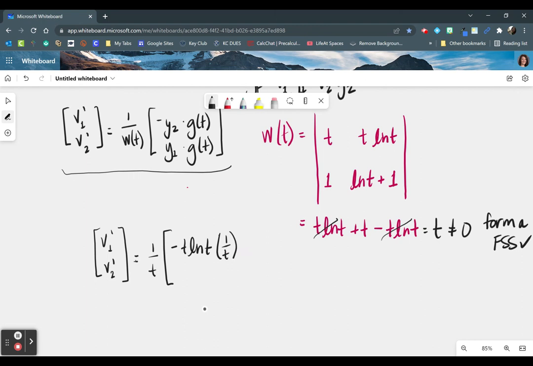So we're going to use that to simplify a little bit. And then our second element here is y1, which is t, times g of t again, 1 over t. So that'll simplify nicely.